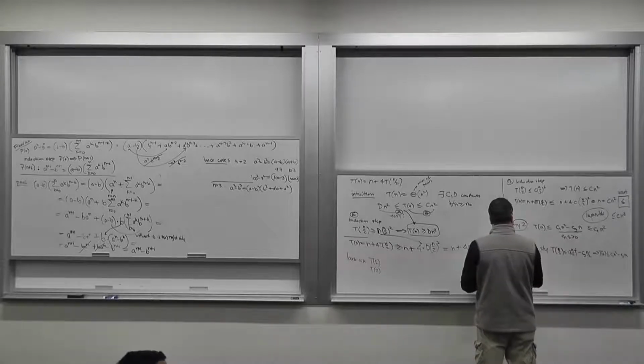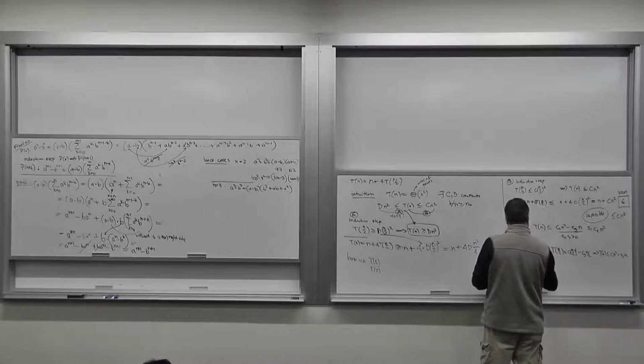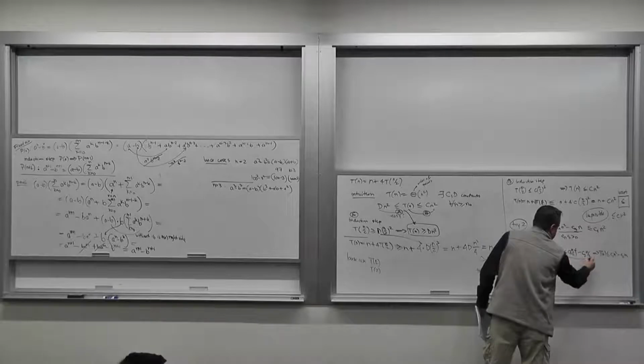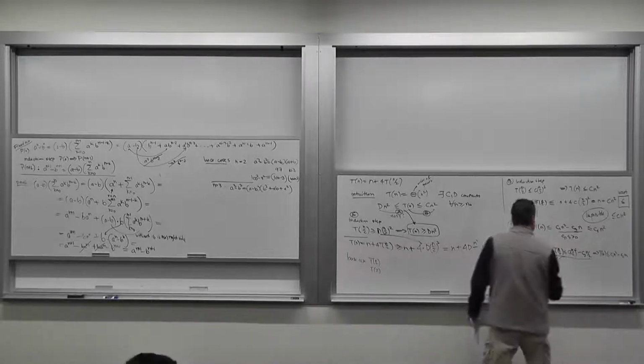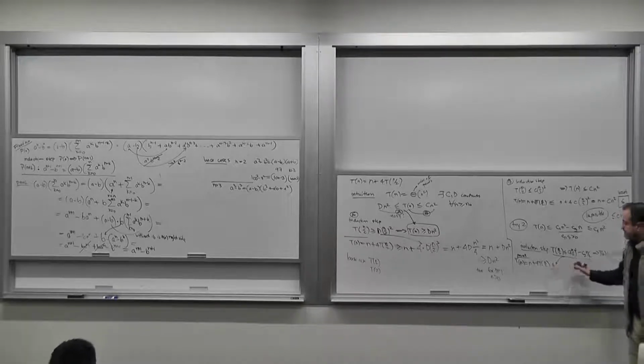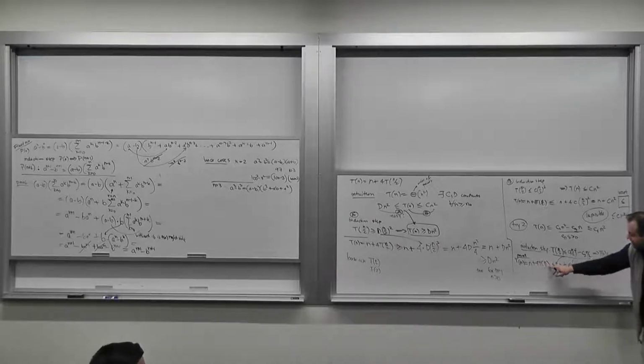So, proof. T of n is n plus 4 T of n by 2. I'm going to use the induction hypothesis to say this is smaller than n, which stays where it is, plus 4 in front of the T, and now T of n by 2 is smaller than C1 (n by 2) squared minus C2 (n by 2).